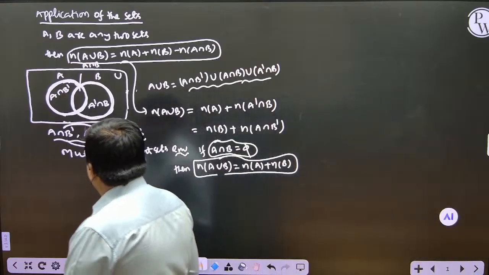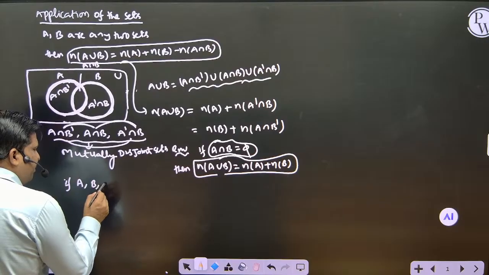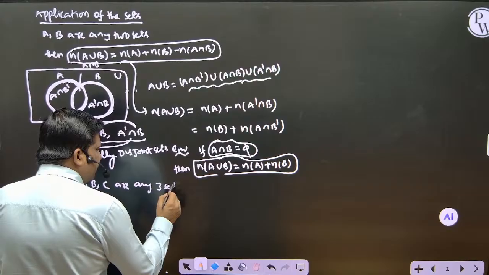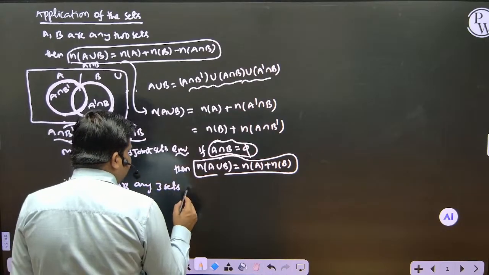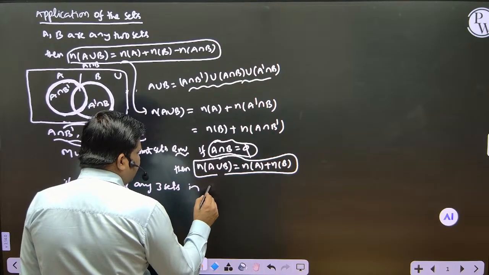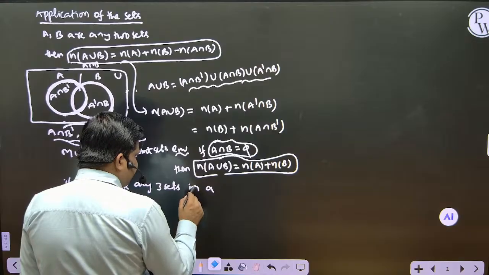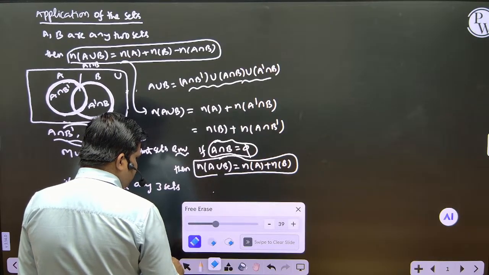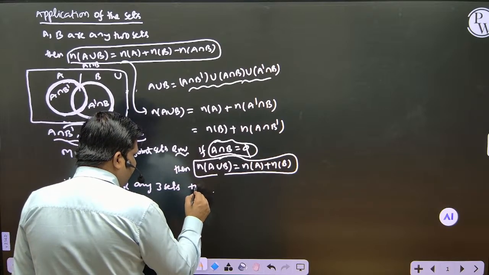But if A, B, C are any three sets in the universal set, then what is the formula?